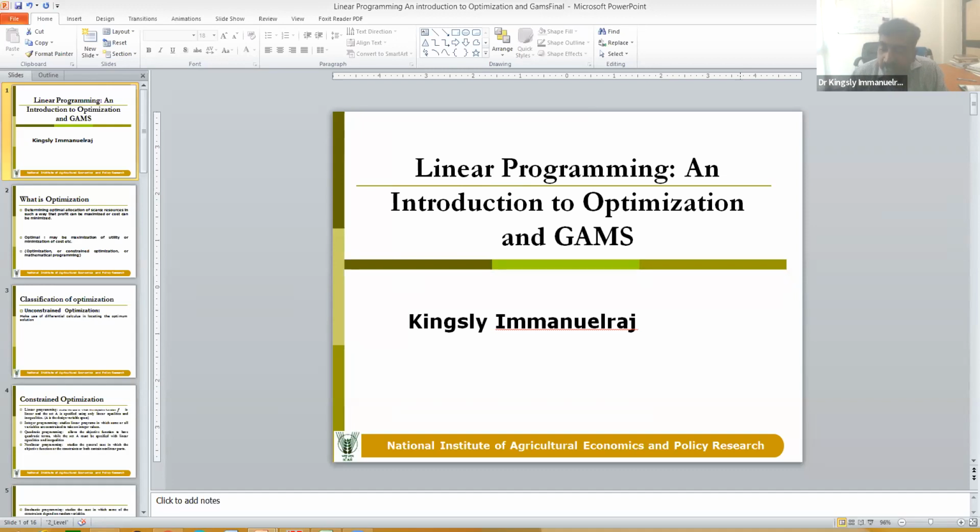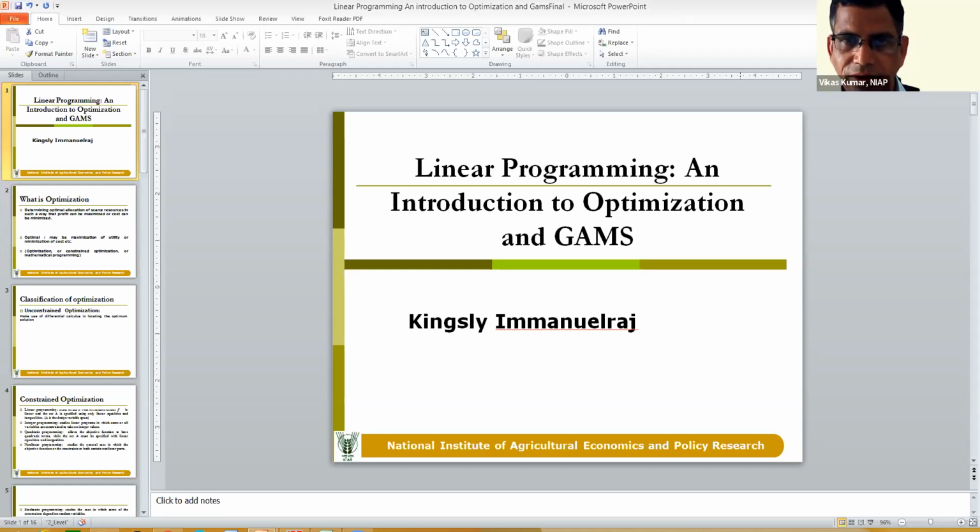We are interested in maximizing the net revenue. Net revenue is nothing but the sum of net revenue times area under the crop. Let us assume that each crop is allocated per hectare of land. How do you write the equation? It's like a sum.